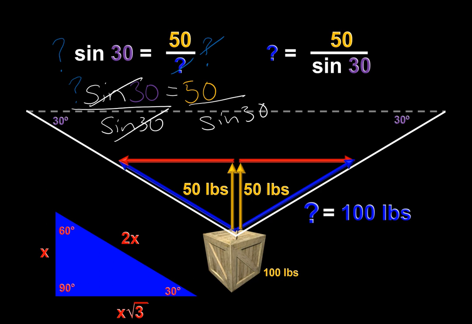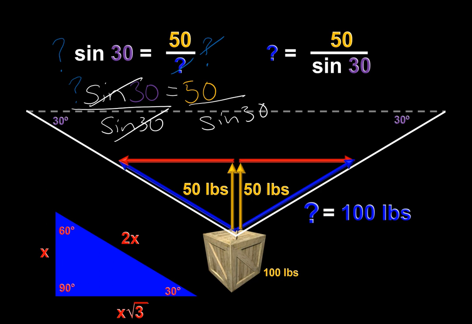That cancels out, and you're left with question mark equals 50 divided by sine of 30. And you plug that in your calculator, you should get 100. Again, it needs to be in degrees. We're not in pre-cal, we're in physics, we deal with degrees.